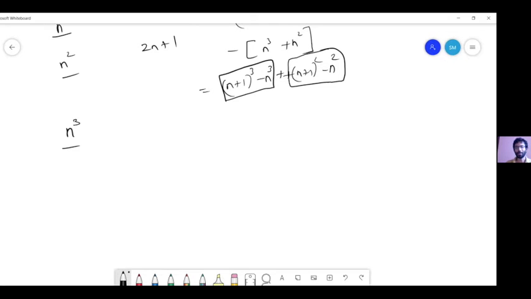We will just use an operator, the operator d. This is the difference operator. The difference operator will take some formula like n cube, and if I apply it, I will get the formula of the successive differences.